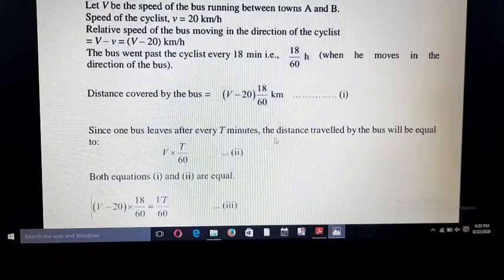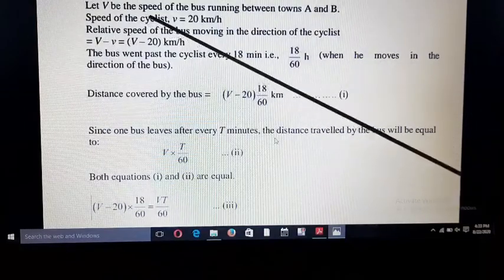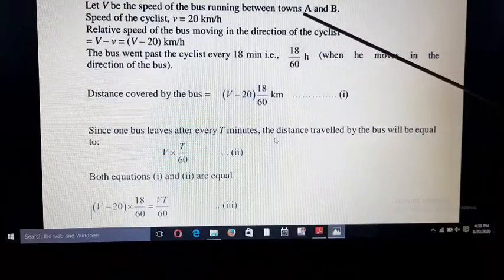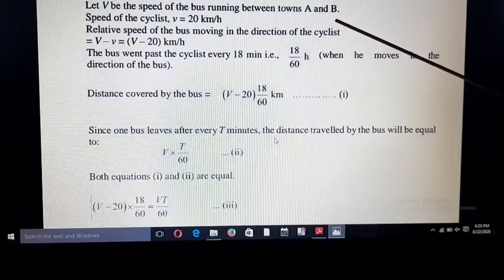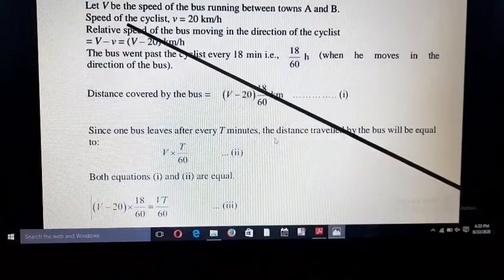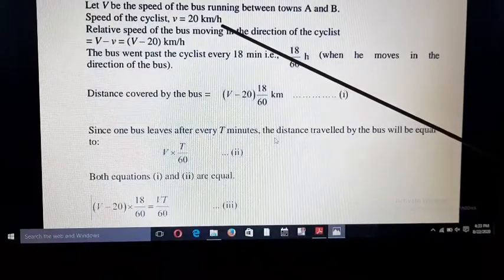Friends, first of all we assume let capital V be the speed of the bus running between town A and B, and the speed of the cyclist, small v, is equal to 20 km per hour.